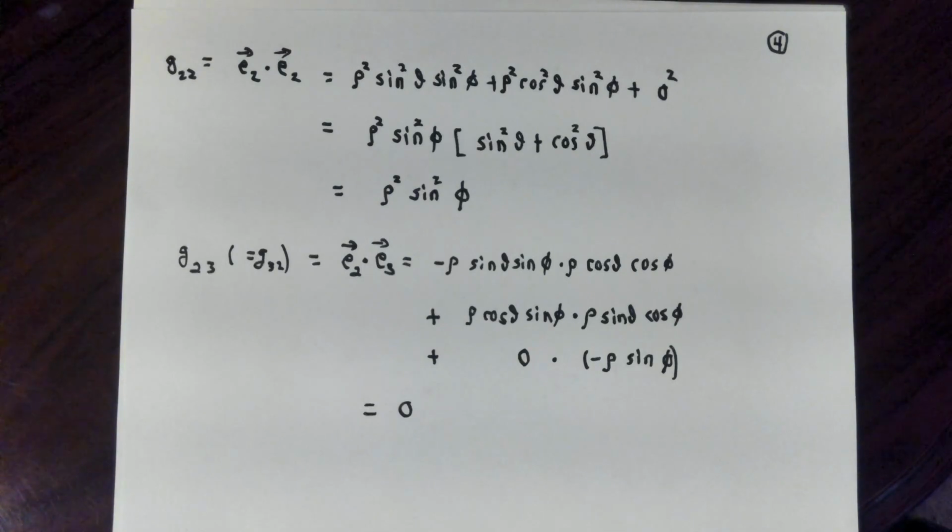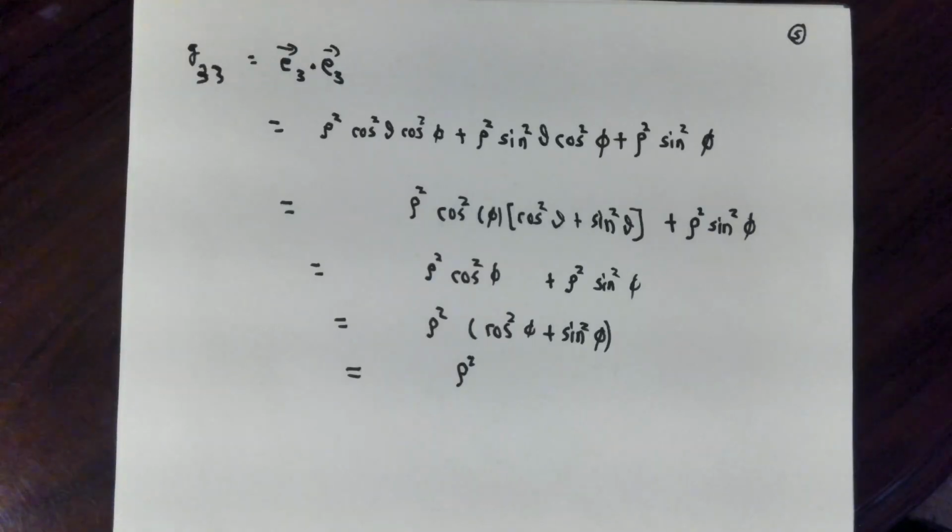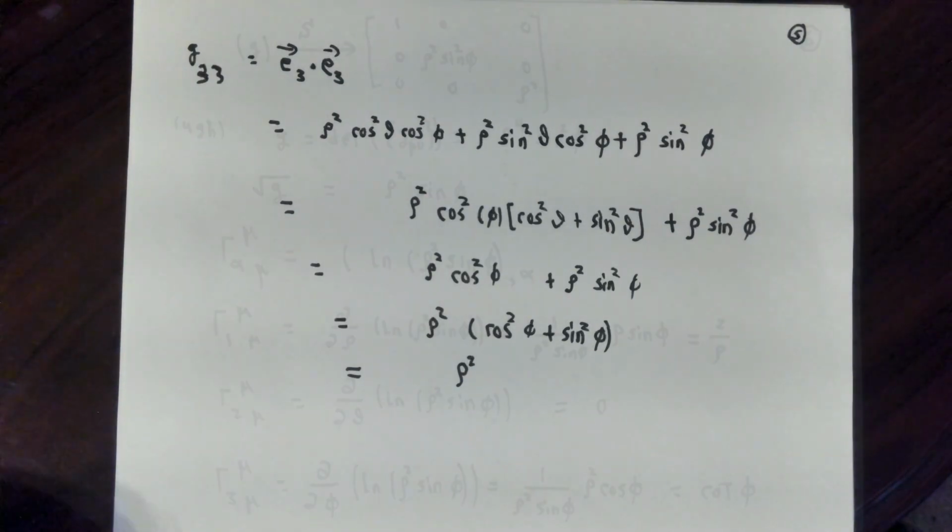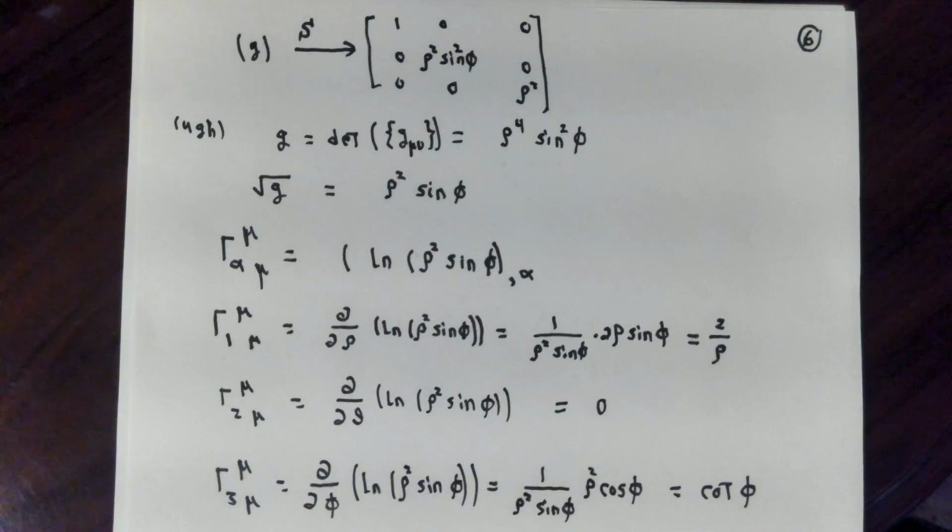G22 and G23, which is equal to G32, are also easy to calculate. And lastly, G33 works out to be the square of the rho coordinate. We now know the components of the metric in spherical coordinates.